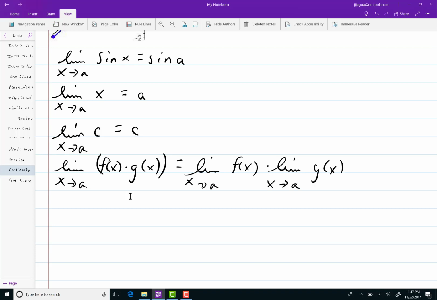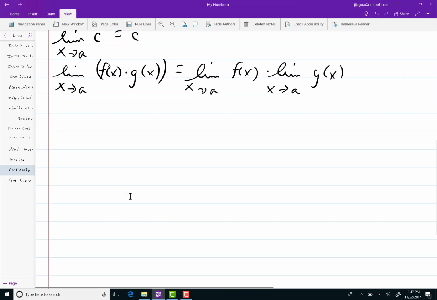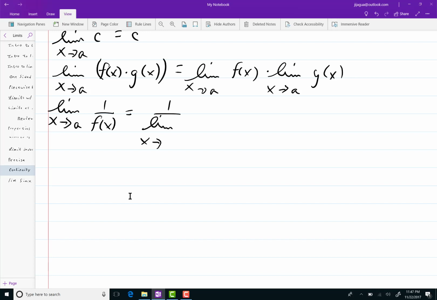And then I proved that the limit as x goes to a of 1 over f of x equals 1 over the limit as x goes to a of f of x. Of course, the assumption here is that the limit as x goes to a of f of x does not equal 0. What else? We did roots too.